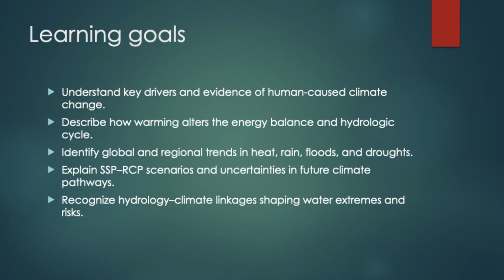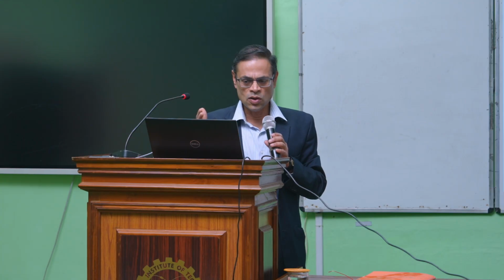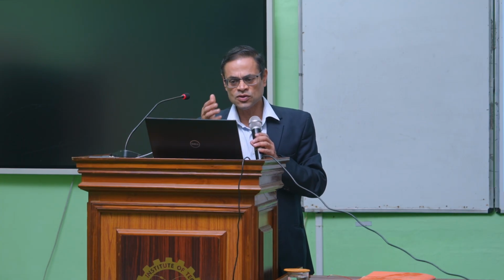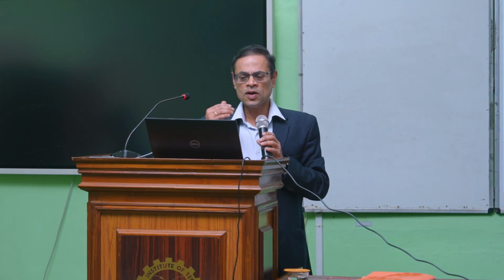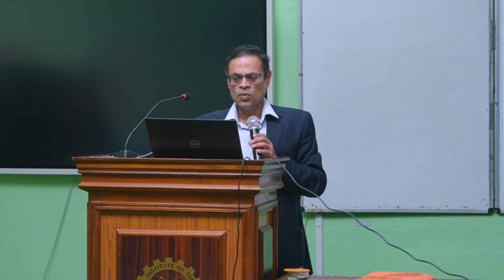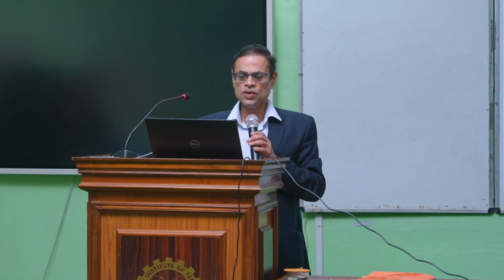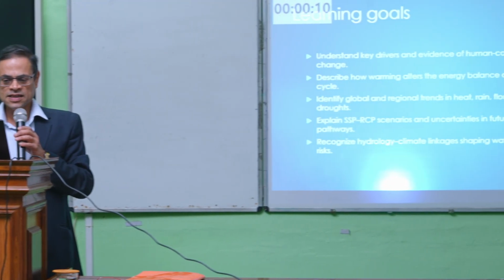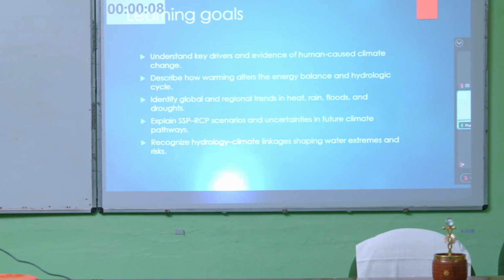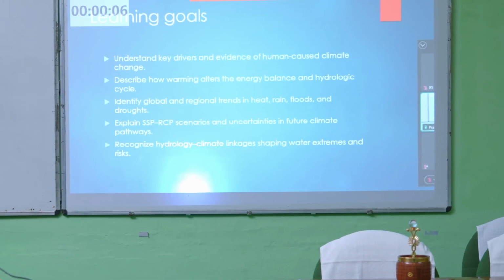Okay, so for example, when I'm talking about introduction to climate change, of course, we need to understand the learning goals of each of the sessions that we have. So I put this slide here. The main thing is to understand what the drivers of climate change are, what the evidence of human-induced or human-caused climate change is, describing how warming alters the energy balance and hydrologic cycle, and identifying global and regional trends in heat, rain, floods, and droughts.